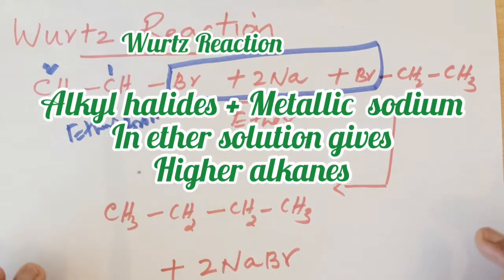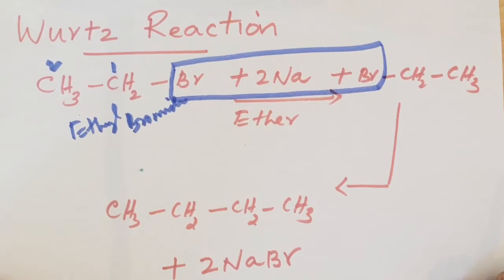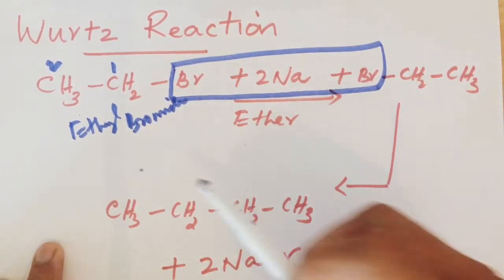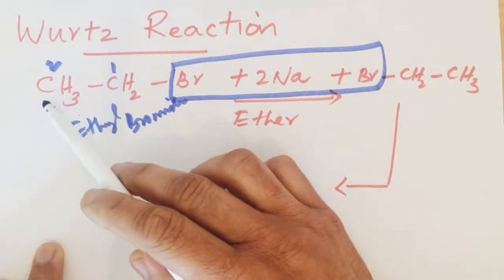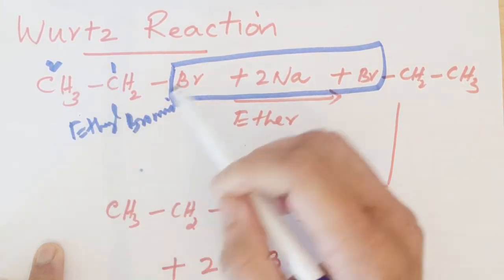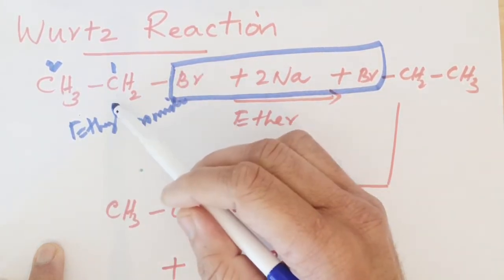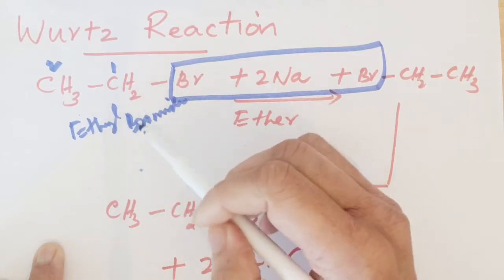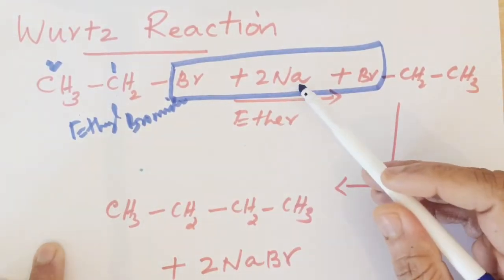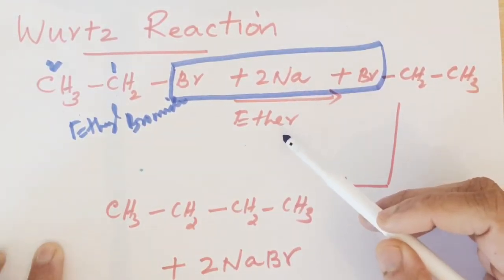Wurtz reaction is a preparation of higher alkanes from alkyl halide when an alkyl halide is treated with metallic sodium in ether solution. So here ethyl bromide, because it contains two carbon atoms, we call it ethyl bromide. There is a bromine attached to an ethyl group, so ethyl bromide is treated with the metallic sodium in ether solution.